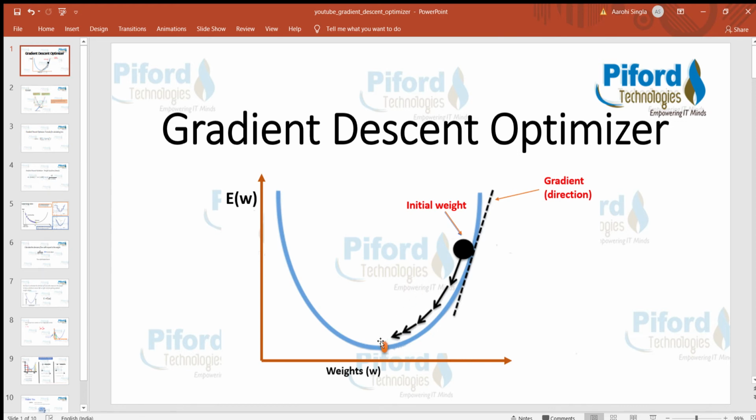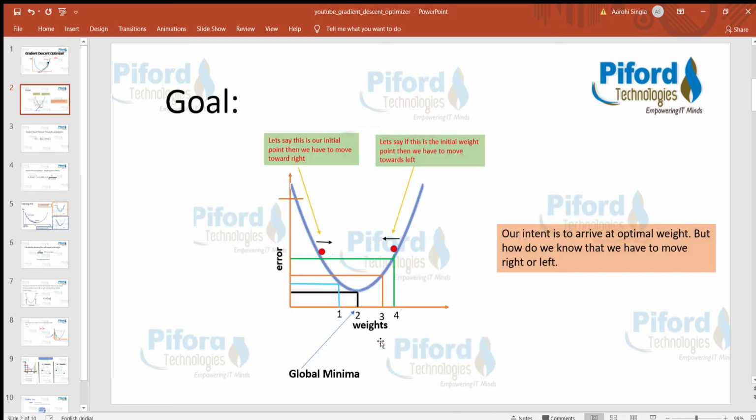So the main question is, how would we know in which direction we have to move if we want to reach here? Consider this picture, with this red point. Let's suppose the initial weight value is somewhere over here. We know that this is the global minima, so we have to move towards the left, and only then will we reach the global minima point, right?